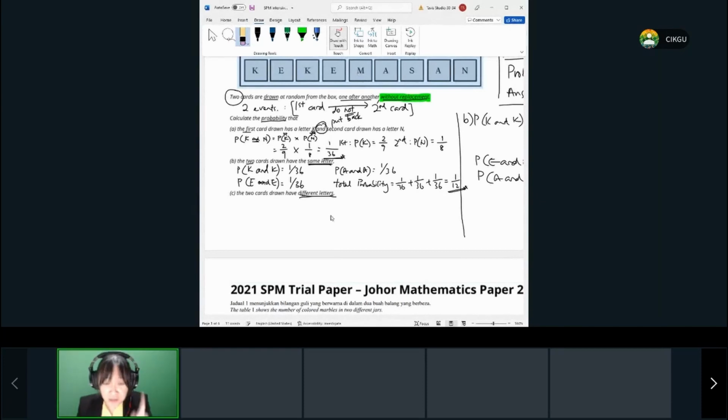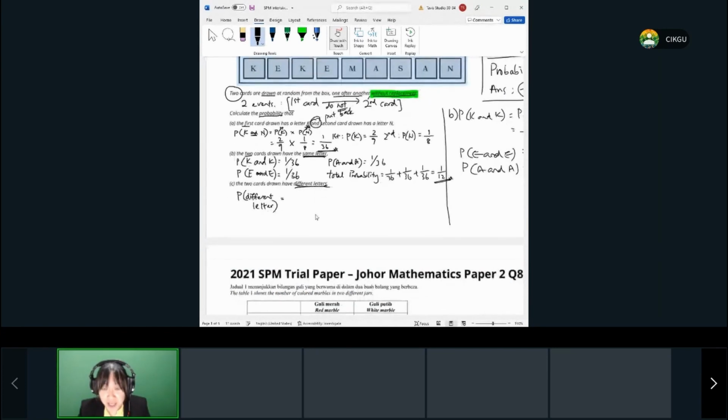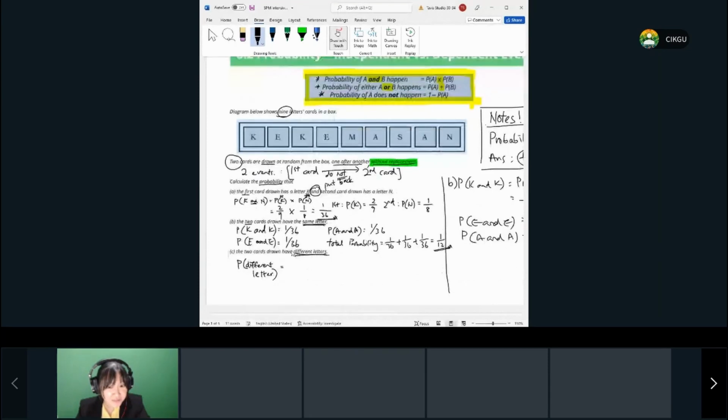Now, if you see there are too many cases that will satisfy this question, you think the other way around. What do I mean by the other way around? It means if you want the probability of all different letters, that means you don't want the cases that have the same letter, right?